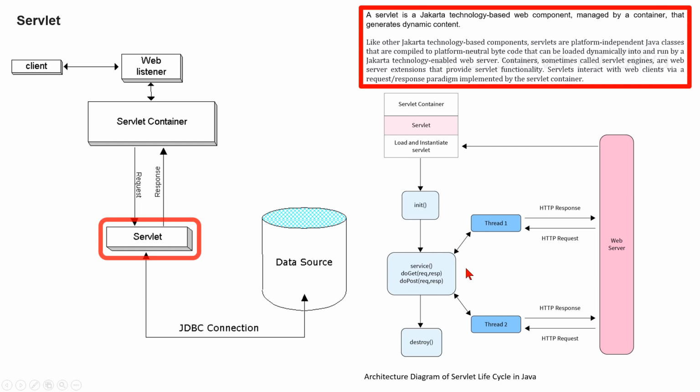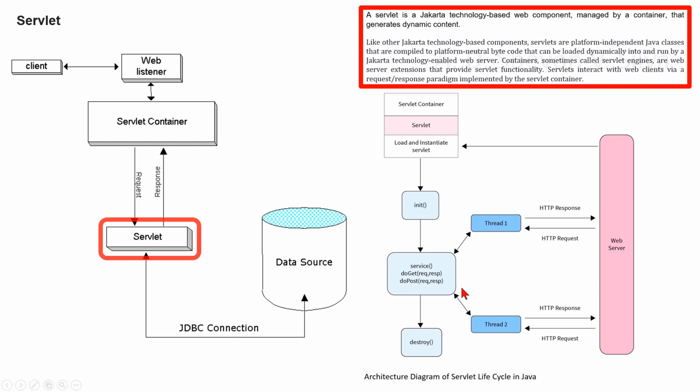Request handling. After a servlet is properly initialized, the servlet container may use it to handle client requests. Requests are represented by request objects of type ServletRequest. The servlet fills out responses to requests by calling methods of a provided object of type ServletResponse.